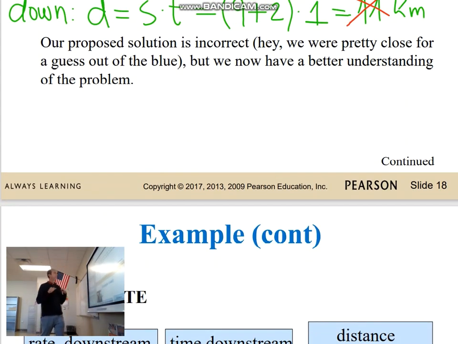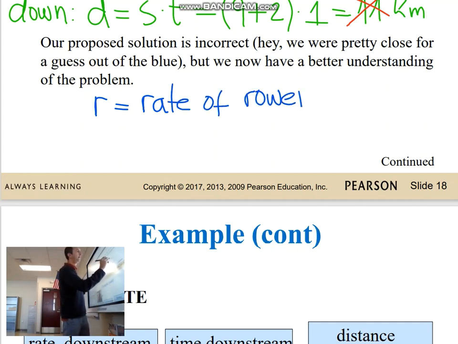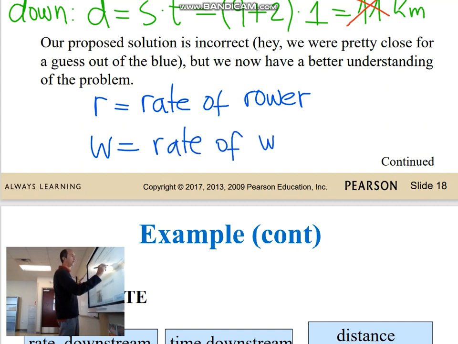Let's call a variable here, R. This is the rate or the speed of the rower. And the speed of the current is going to be W. That's the rate or speed of the water current. Okay?